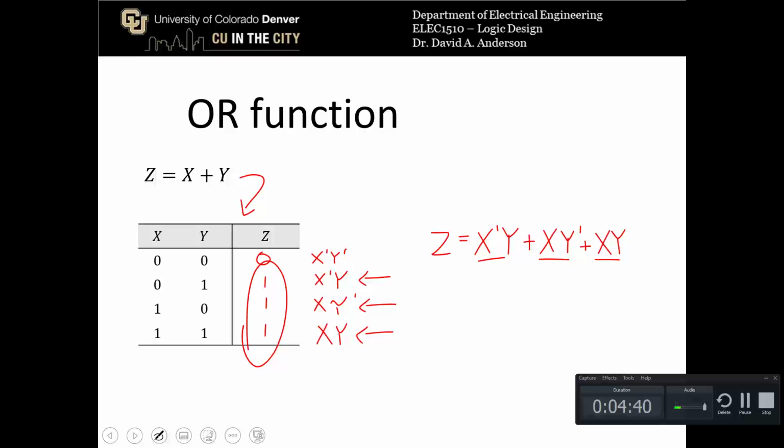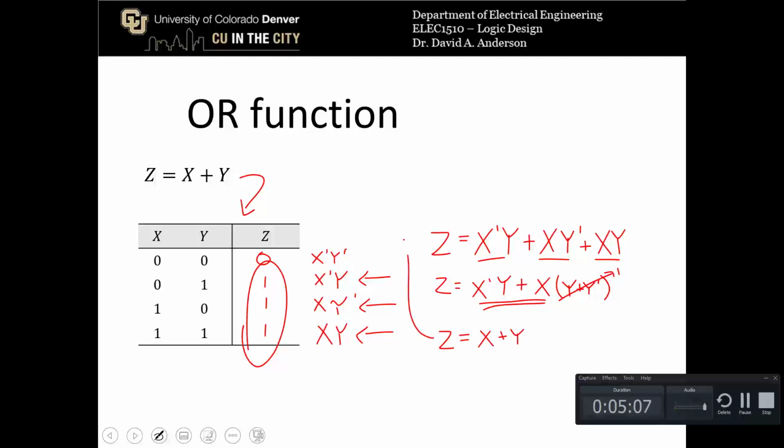Now this can be simplified by seeing that we can factor x out of the second and third expressions to get y plus y prime, and that becomes a 1. And then this is one of those forms where we use the distributive theorem to get rid of the x prime, so eventually z just equals x or y.